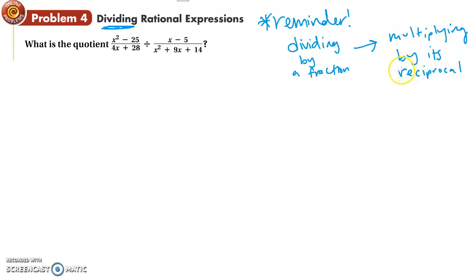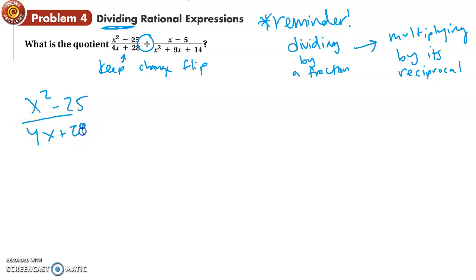So if I am given this example where they ask us to divide, I can simply rewrite this as a multiplication problem, where I keep, change, and then flip. I keep the first fraction the same, x squared minus 25 over 4x plus 28.